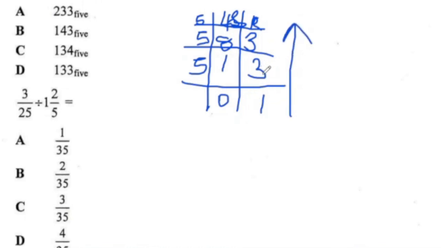So my answer, I'll start with 1, then this 3, then this 3 again. Then I'll write in base 5, with the 5 small, or in words. So which answer is 133 base 5? This one is the correct answer, D.